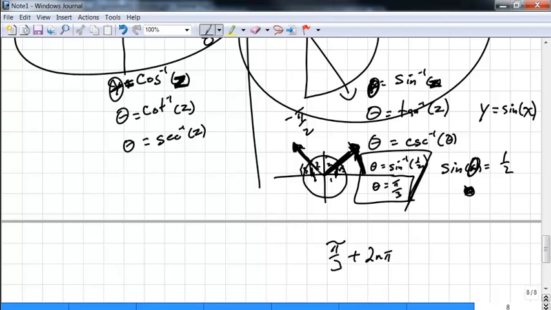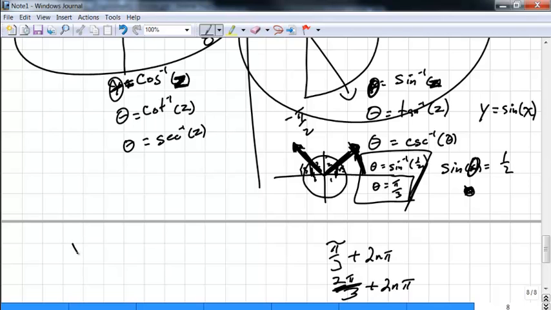But there's also one right here that gives you a different terminal side, and it also has a sine of 1/2. That one is 2 pi over 3. So you can also get 2 pi over 3, and then any multiple of 2 pi added to that.